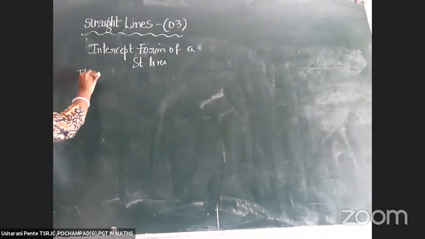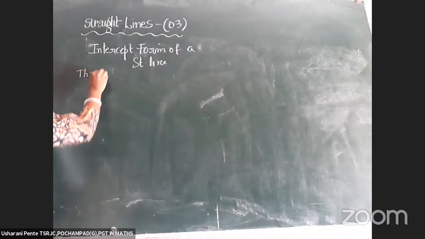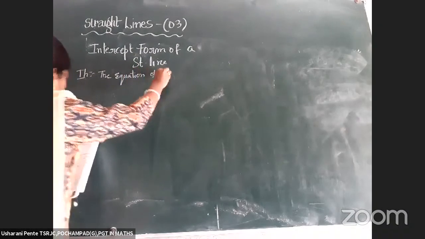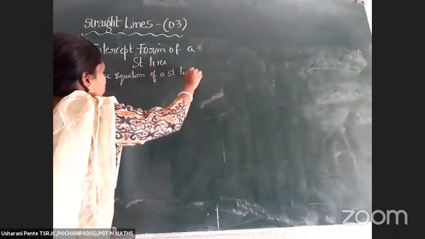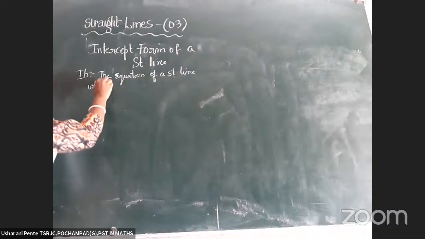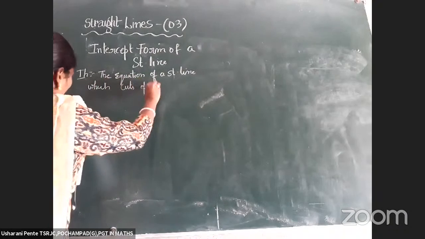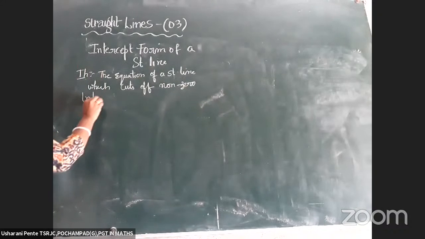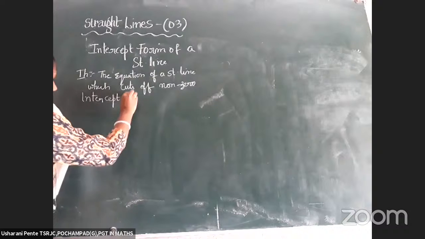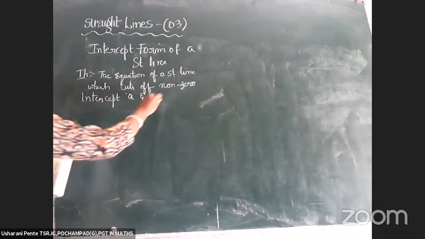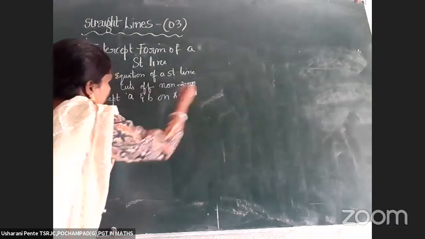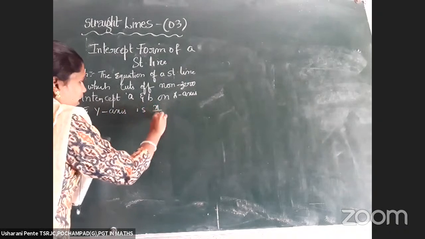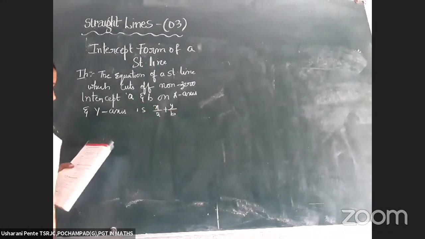So what is the statement we have? The equation of a straight line which cuts off non-zero intercepts a and b on the x-axis and y-axis is x by a plus y by b equals 1.